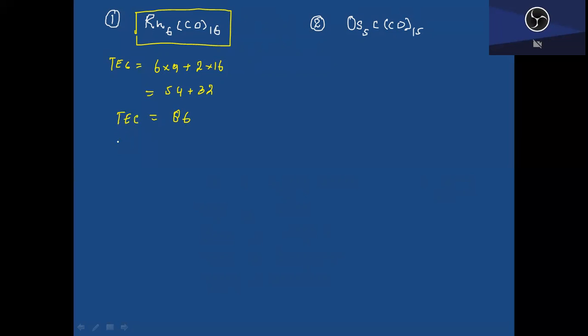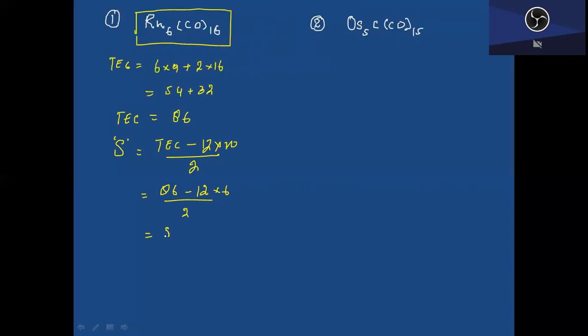Then we have to apply Wade's rule. We have to determine the skeletal electron pairs, that's S. S is equal to (TEC minus 12n) divided by 2. TEC is 86 minus 12n, where n is the number of metal atoms, which is 6 in the present case, divided by 2.